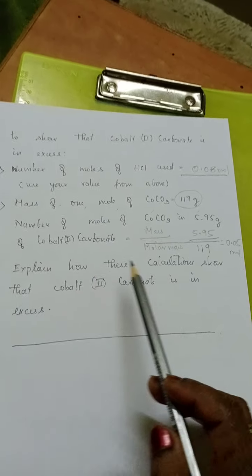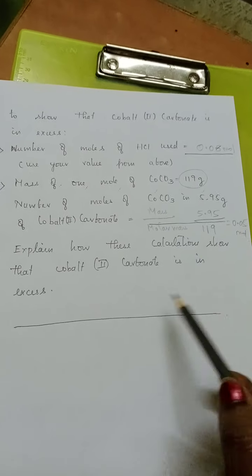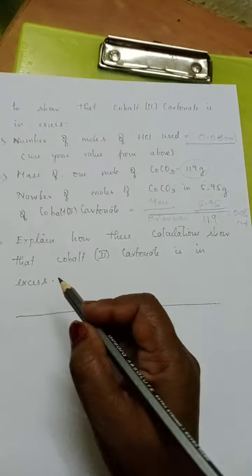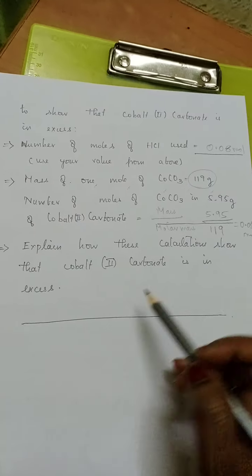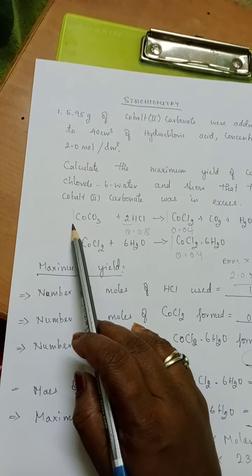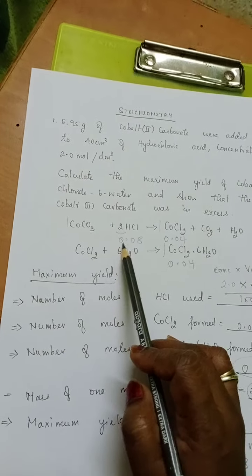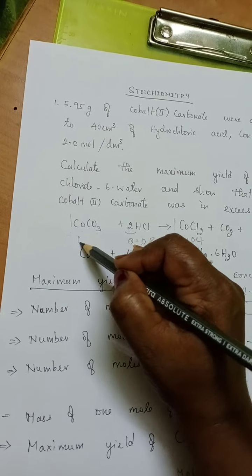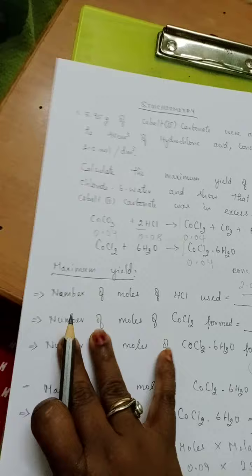Now, explain how these calculations show that cobalt carbonate is in excess. How can we show it is in excess? According to the equation, the cobalt carbonate used is 1 mole. So for 0.08 mole of HCl, this will also be 0.04.